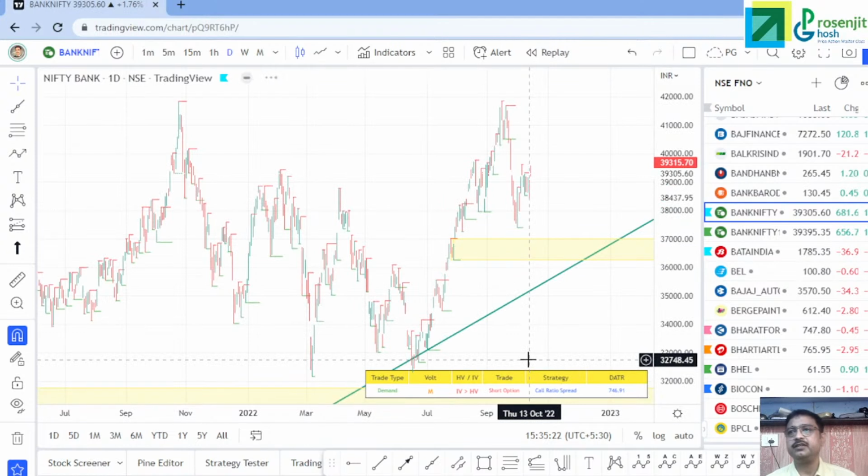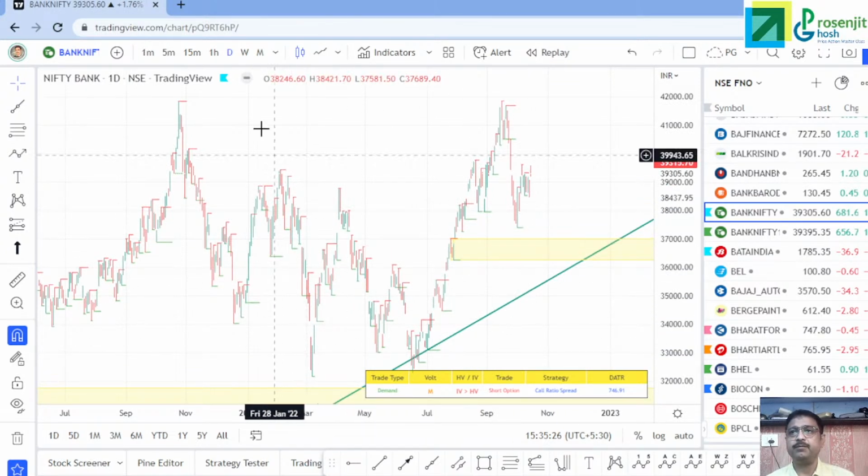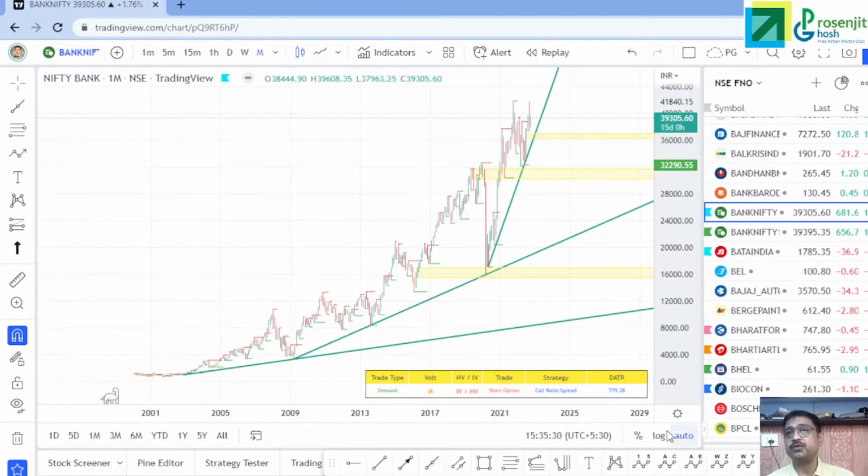The next analysis which we are going to do is Bank Nifty. Again, we will start off our analysis from the monthly chart, and we will zoom out the chart completely, and we will start our analysis from the starting point of this chart.